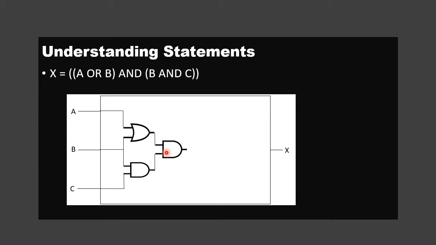So that becomes A or B and B and C. Now to take the output finally equal to X. So that basically is how you translate a logic statement into a logic circuit.